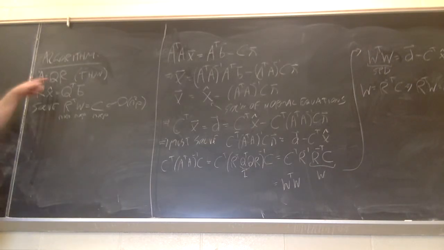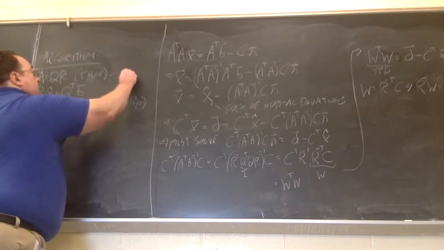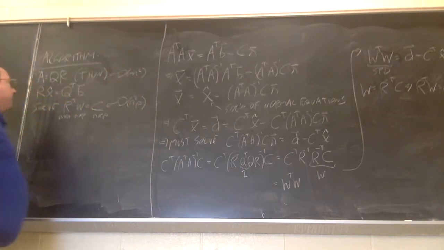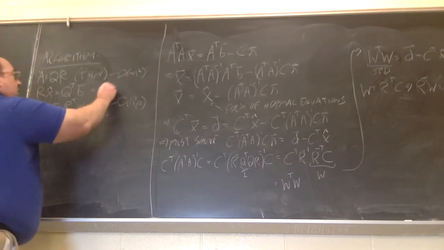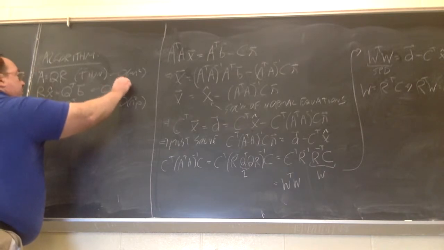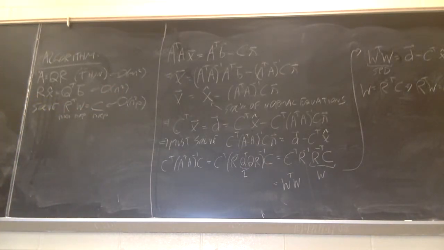Whereas this is going to be, so QR factorization of that m by n matrix, but it's a thin QR factorization, so it's going to be order m n squared. And this is going to be back substitution, order n squared. Okay. With m greater than n, which is greater than p.